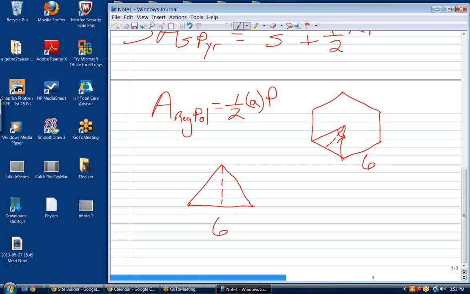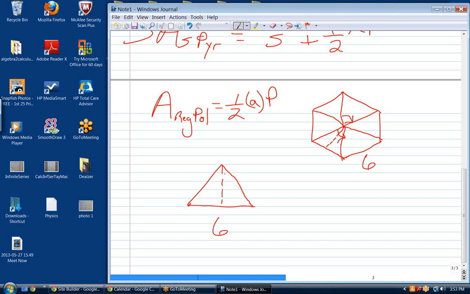No. Yes, we do. There's 6 equal triangles in there, and we know that all of the angles together add to 360. So you do 360 divided by 6. That gives you what is called the central angle. In other words, each of these angles here is 360 divided by 6, so they're each 60 degrees.